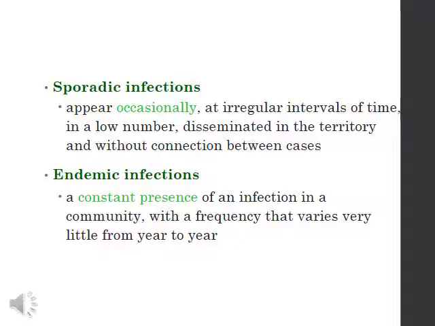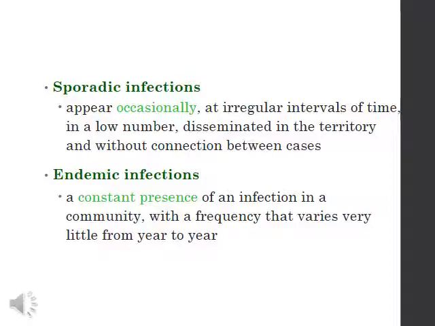They are spreading out in different areas with different frequency, sometimes a case comes, sometimes not. So it is very difficult, or sometimes impossible, for us to calculate the stats of these sporadic infections. What are endemic infections?